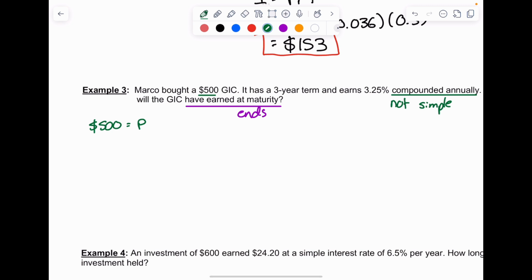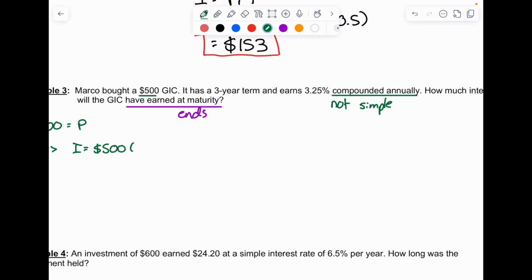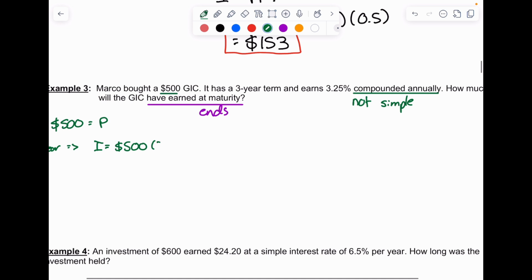The interest I am earning in year one, so I'll set up a table. In the first year that goes by, you still use your simple interest formula, where the concept is still the same. We take $500, and you are putting it in at a rate of 3.25% compounded annually.